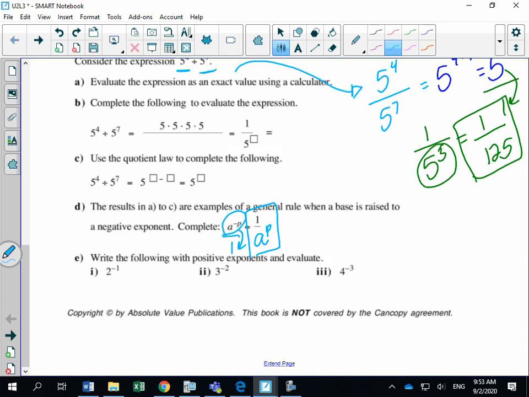Again, you guys pause, do e, right? So write each one of these over 1. I want you to give me 2 answers. I want you to give me the answer with a positive exponent and then evaluate. So evaluate, remember, means to find your numerical value. Give me an answer. So this is going to be 1 over 2 to the 1, which is equal to 1 over 2.